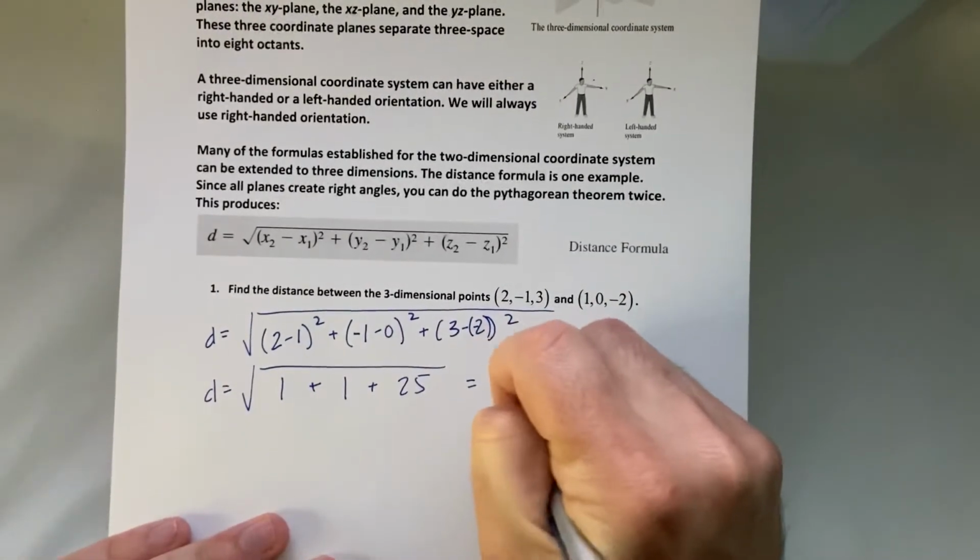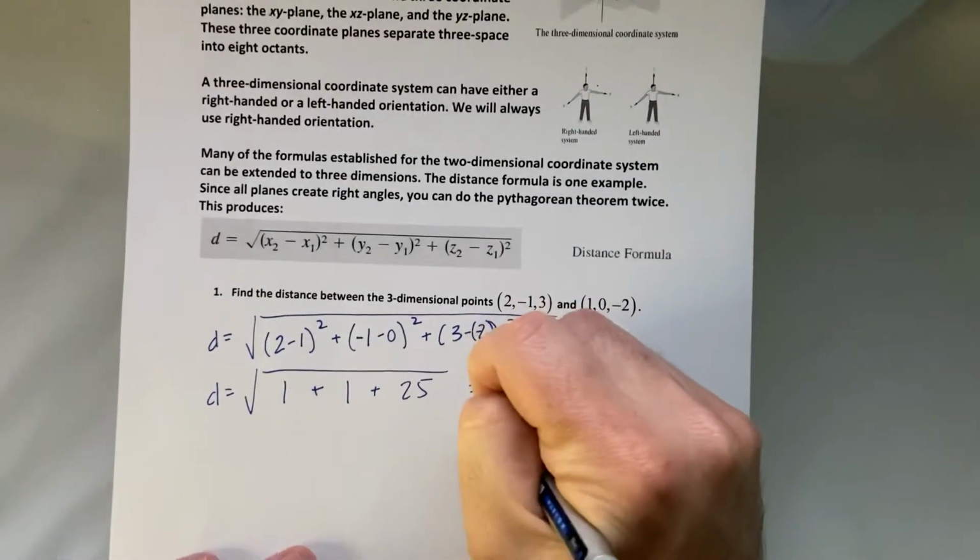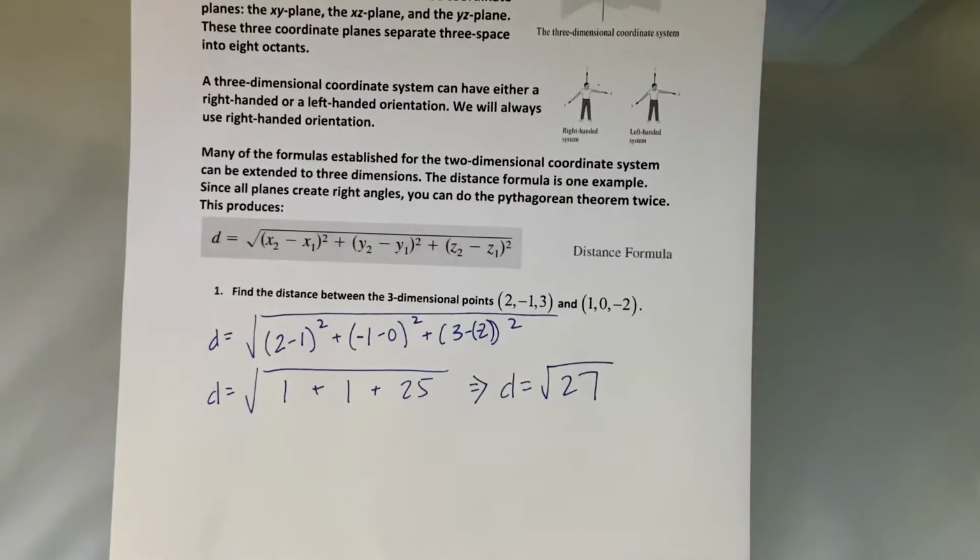Add those all together, and the distance is the square root of 27. So as you can see, it's not the hardest to implement. We'll just keep going with other applications in 3-dimensional space.